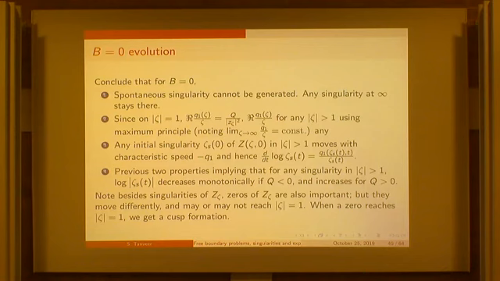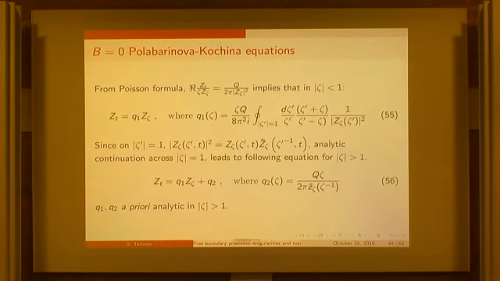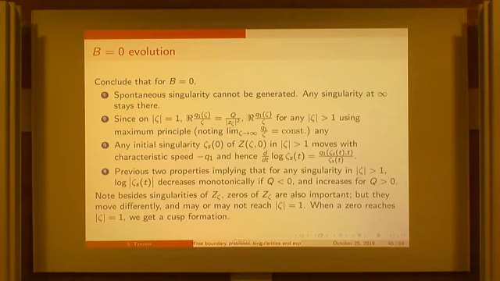Okay? Now, why is Q1 important? Because if you look at this equation, Q1 minus Q1 is the characteristic speed, correct? So if you put in a singularity, then it will move with speed Q1. So the property Q1 over zeta, positive or negative, and if you divide by zeta, you get this expression.